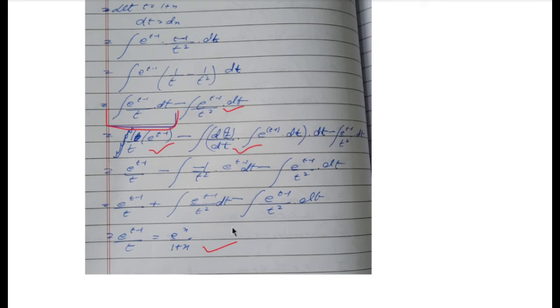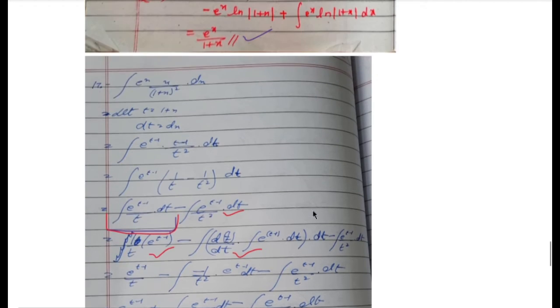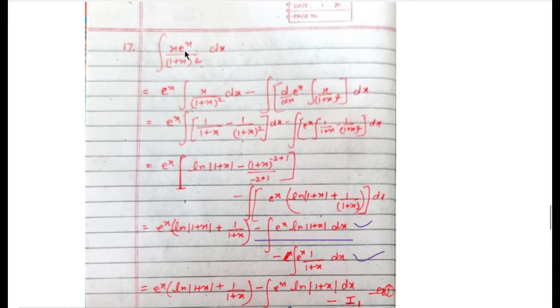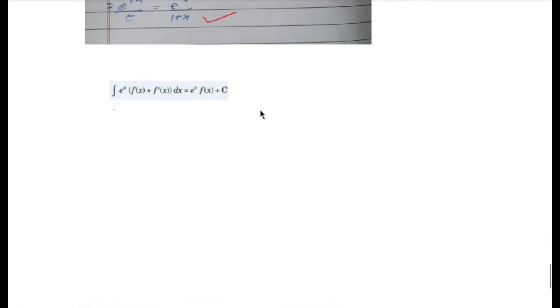Was it by chance? Actually, the questions were planned. Whenever you have questions like this, the things will cancel out because the questions are planned. And how are the questions planned? They are planned based on this theorem.